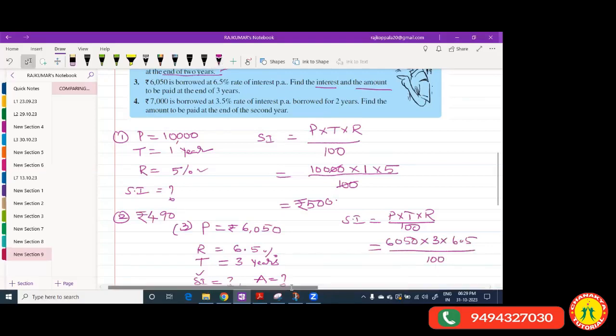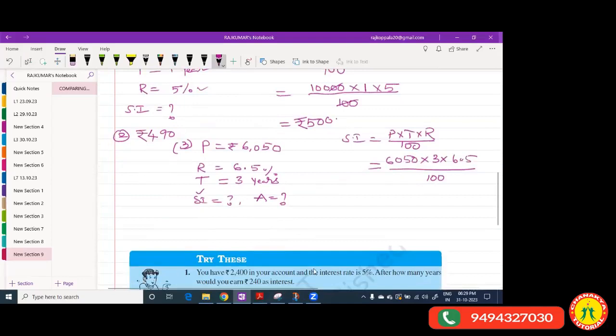See here, the rate of interest is in decimal point, right? How will we do this? 6050 into 3 into this, we will write 65 by 10. After the decimal point there is one digit, so we will write by 10, divided by 100.